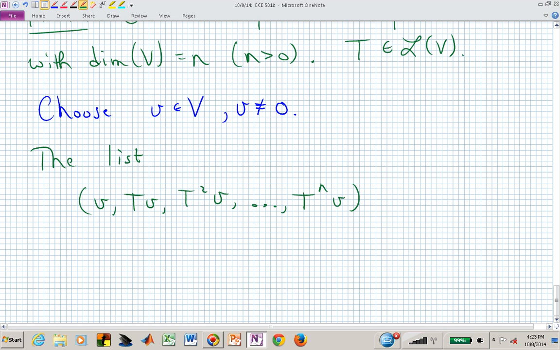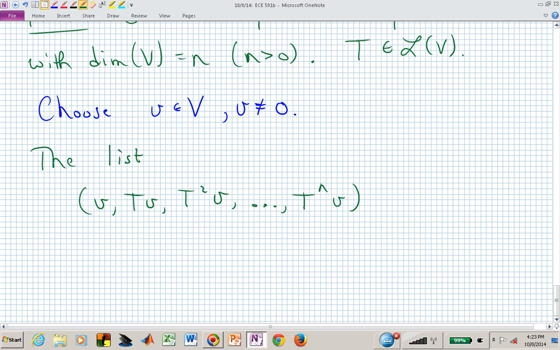Putting on your programming hat, how many vectors do we actually have? We have n plus 1, don't we? We're going up to T to the n, but we started with basically T to the 0 v. So we have n plus 1 vectors on an n-dimensional vector space.